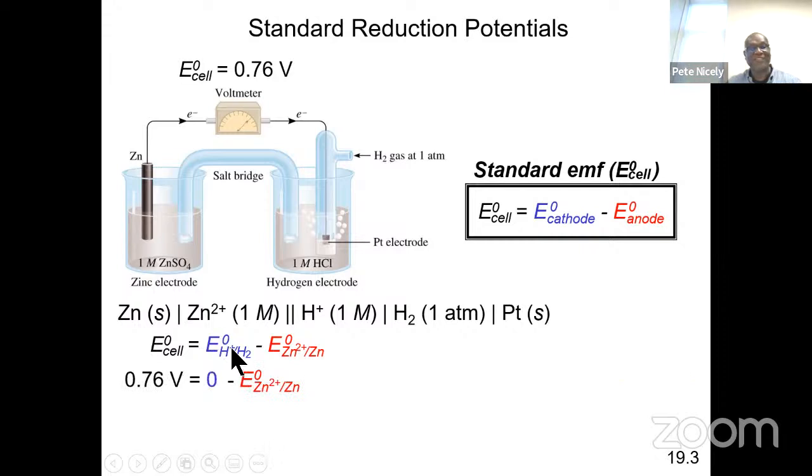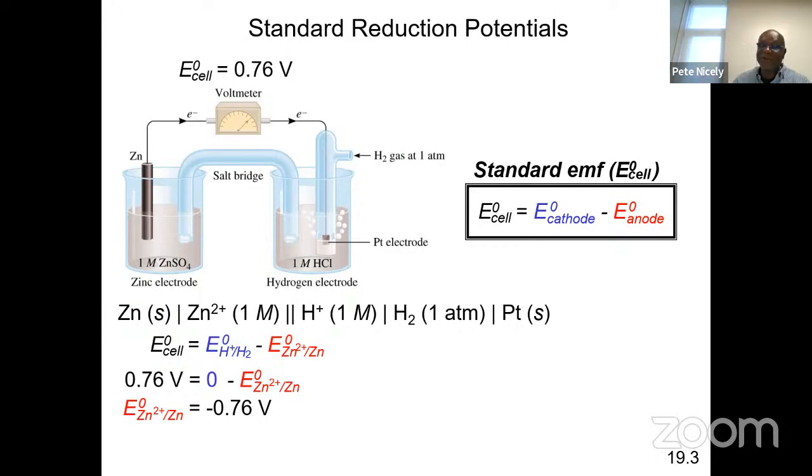Therefore, since this is 0, the standard EMF of the zinc electrode would be equal to minus 0.76. That's how you determine the standard EMF of the zinc electrode, the zinc half cell. So that's basically how that is determined for zinc.